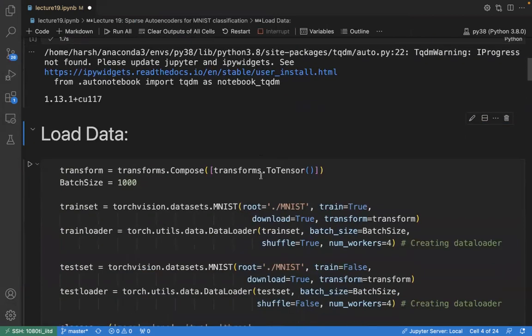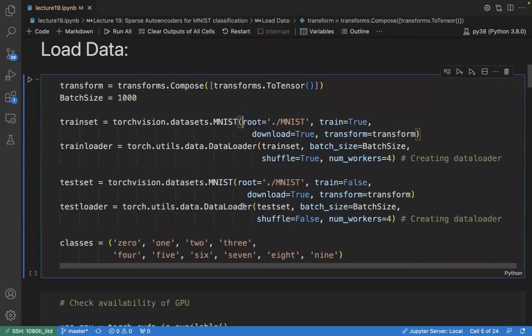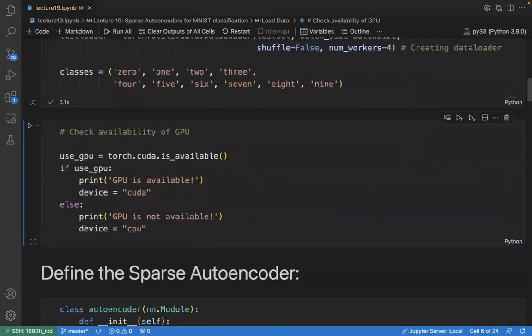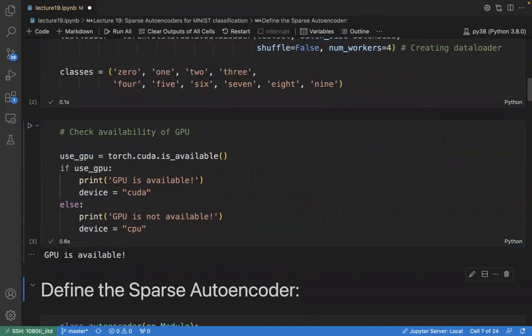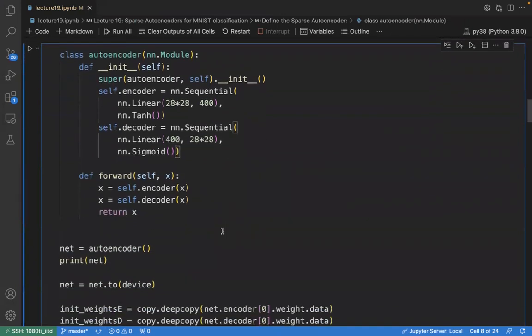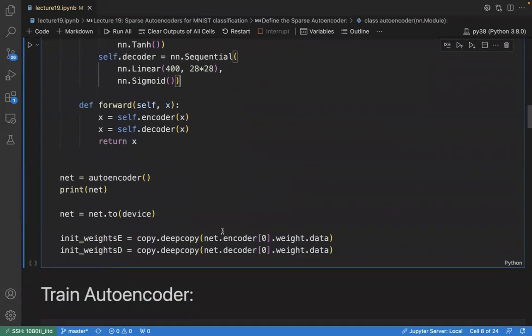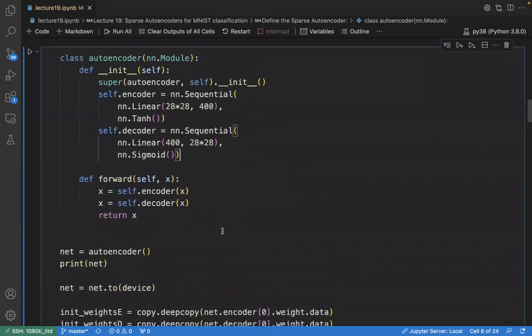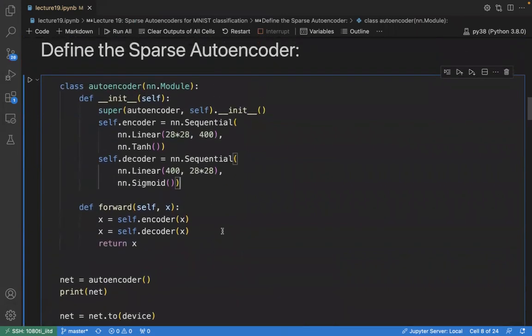We're importing the packages, loading the datasets, and checking if GPU is available or not. Then defining the sparse autoencoder, which is similar to the earlier one: 28 cross 28 to 400, then again 400 to 28 cross 28.